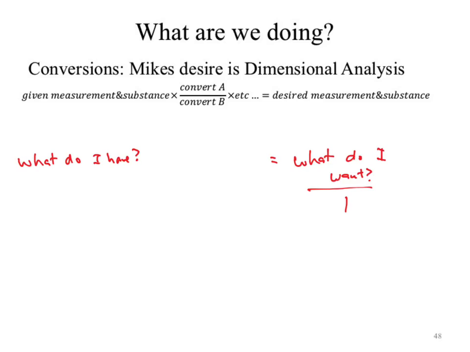The what do I have? Okay. Typically at this stage we're really only given, quote unquote, one thing. Okay. So in the absence of matching either the measurement substance, the measurement unit, or the substance unit, we'll start with placing that in the numerator as well. Okay? So those are the first two questions that we ask ourselves.